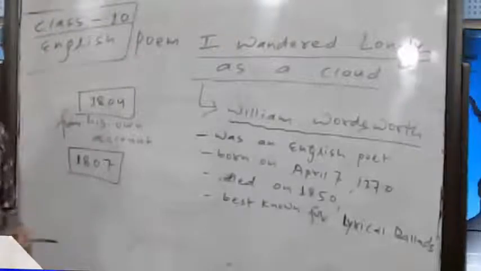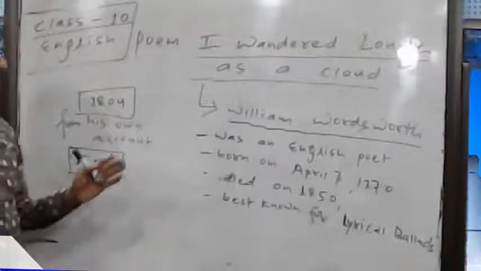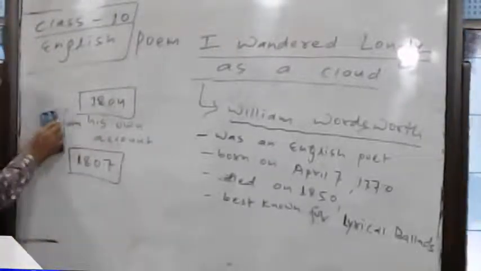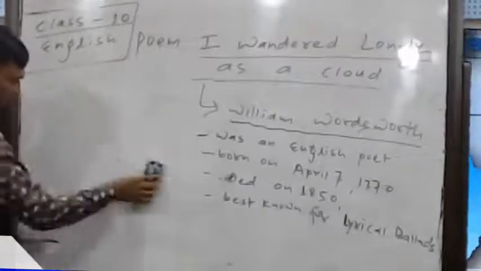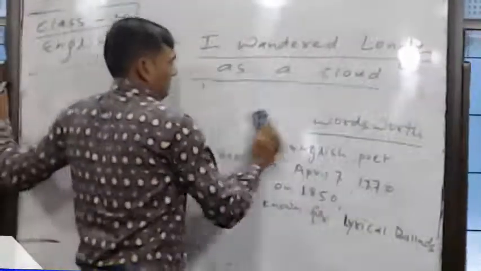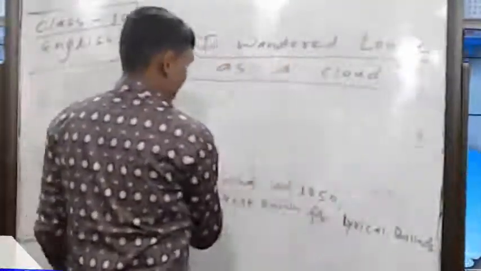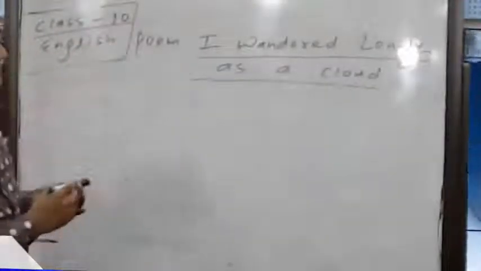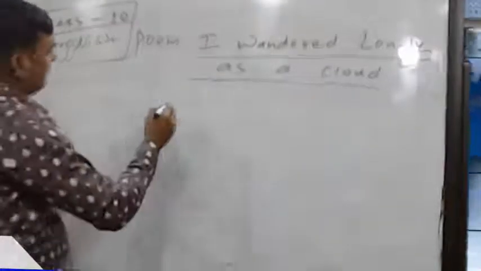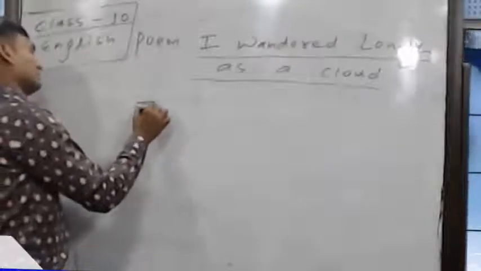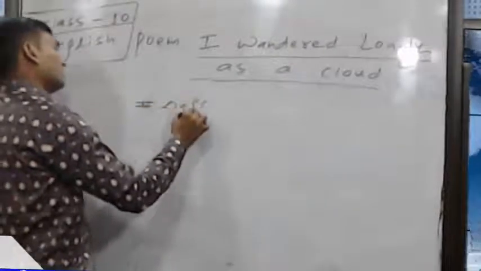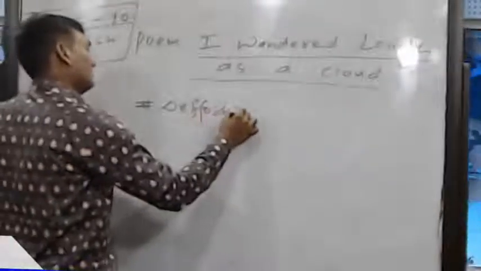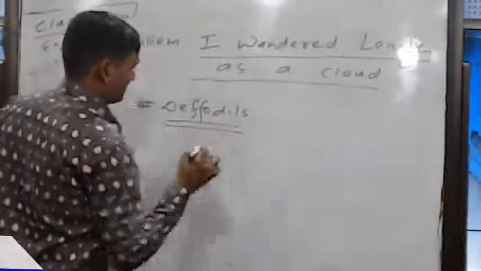Then we are going to the stanzas of this poem. I Wandered Lonely as a Cloud has another name. One of the flowers is daffodils.